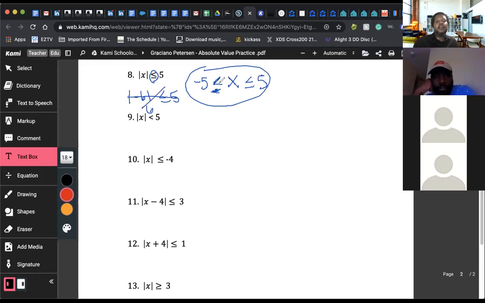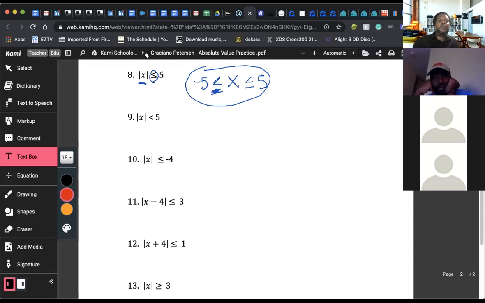So that means that x needs to be greater than or equal to -5, but less than or equal to 5. That's the range in which it satisfies this answer, right? If x is any smaller or any bigger than 5, the absolute value of x is going to be greater than 5. So we need to make sure that we keep it in that range.